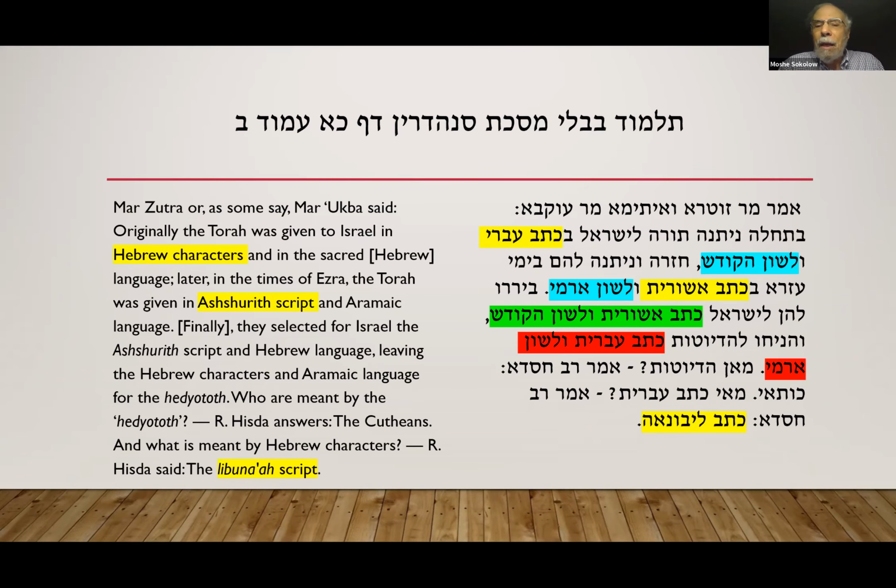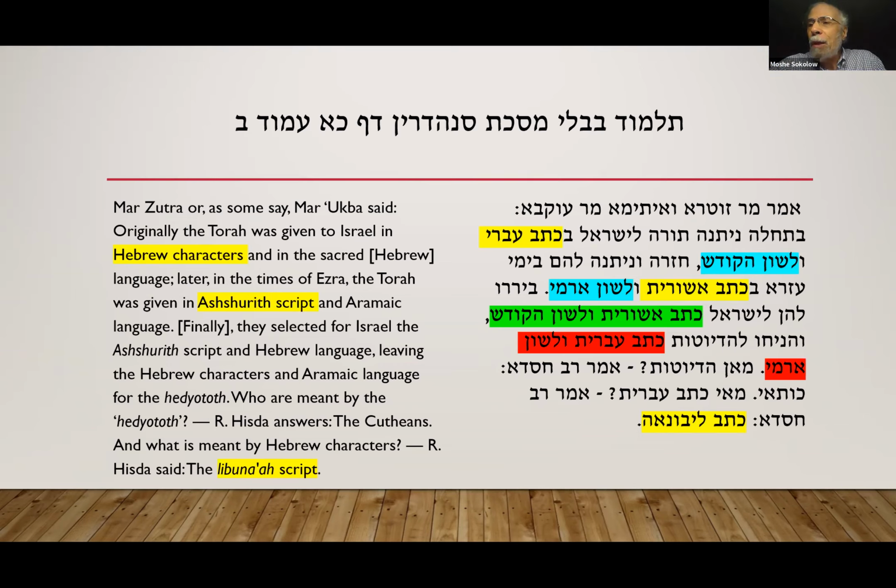The Talmud says, Hinichu lehedyotot Ktav Ivri uleshon Arami, that the language that wasn't chosen for perpetuation and the script that wasn't chosen for perpetuation were left over for people called hedyotot. Hedyotot is probably a Latin or a Greek word in origin. It means ordinary, common people, and may or may not be related to the word idiot.